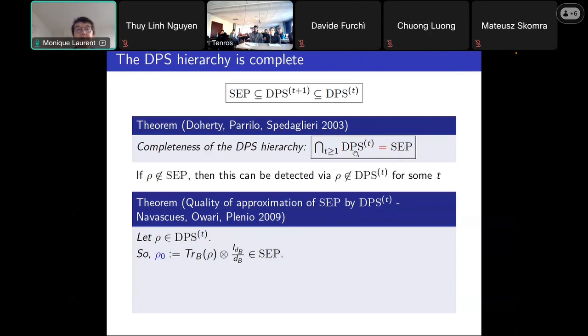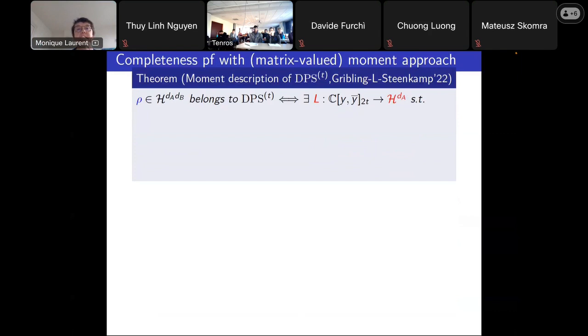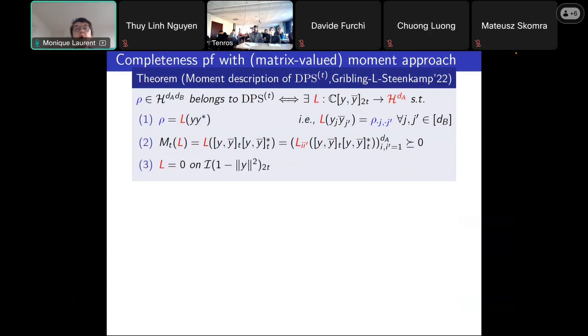Maybe let me try to reconnect the DPS relaxation, which I've just introduced in terms of state extensions of a given rho, which is a bit unwieldy maybe, but let's reformulate it in the terms of the moment language, which we maybe understand a bit better. It's just a reformulation at the end of the day.